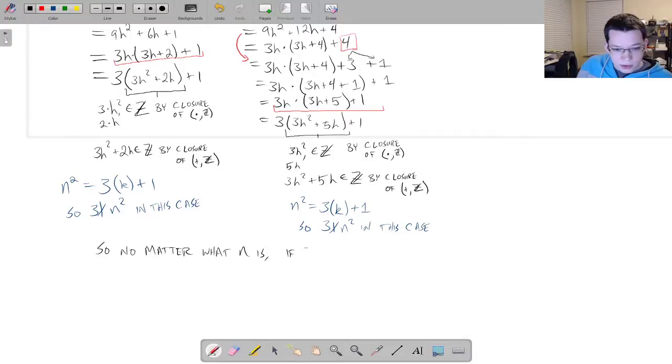if 3 does not divide n, 3 does not divide n squared.